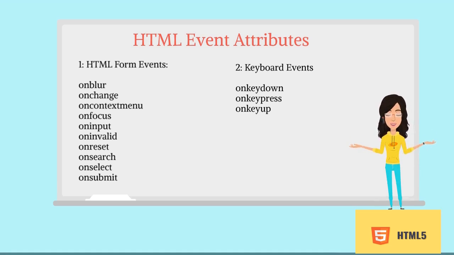Onreset fires when the reset button in the form is clicked. Onsearch fires when the user writes something in the search field, for input type equals search. The onselect attribute fires after some text has been selected in an element. Onsubmit, when the form is submitted.